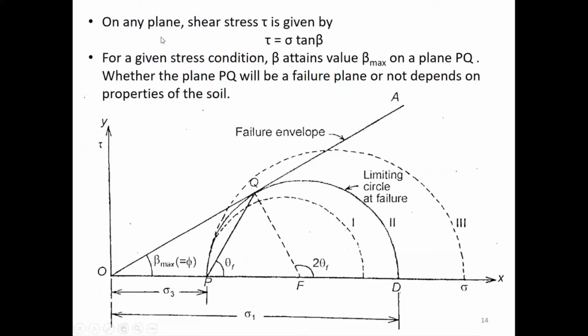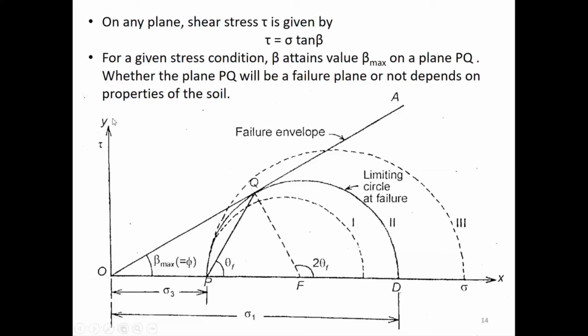So on any plane, the shear stress tau. So now let us construct another Mohr circle here. I have my axes OX and OY. OX represents my normal stresses, OY represents my shear stresses tau.